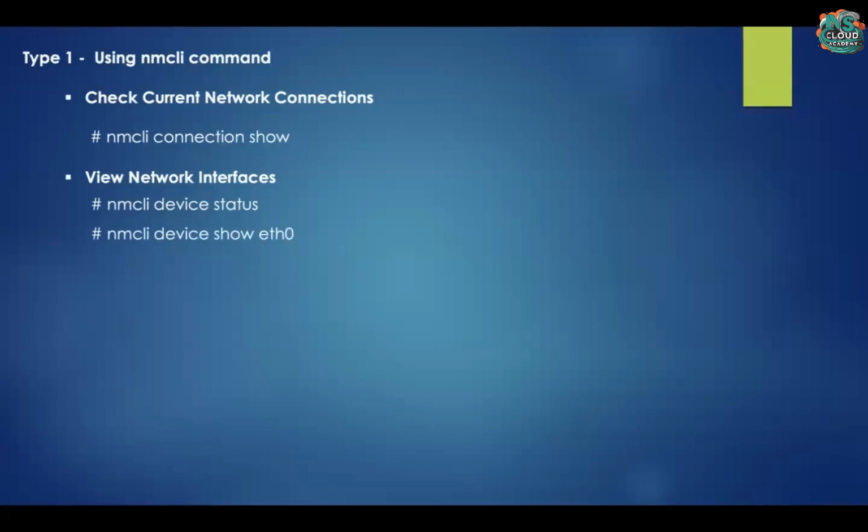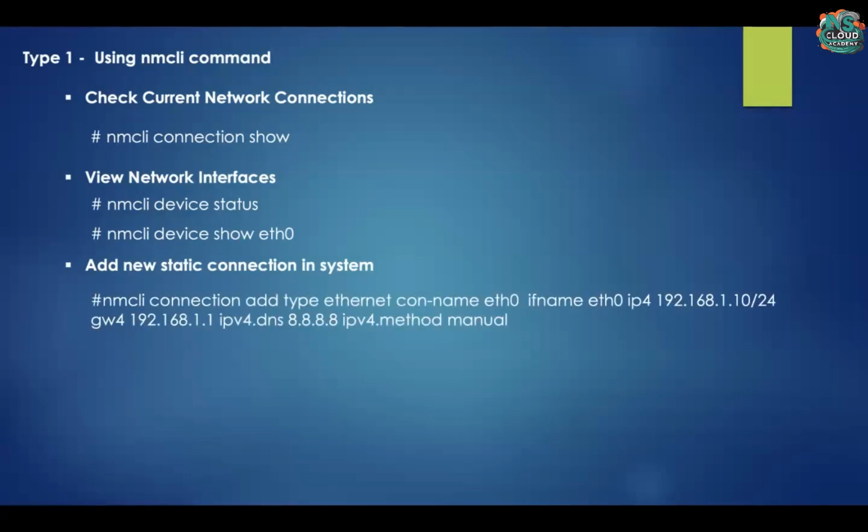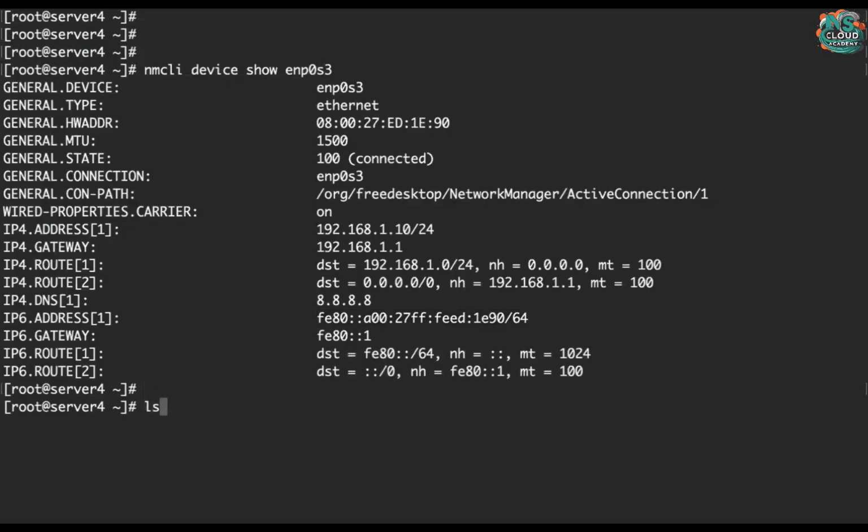Like this, nmcli device, and then eth0. So next, add new static connections in a system. Let's suppose you wanted to add a new static connection. Suppose here, /etc/sysconfig/network-scripts.